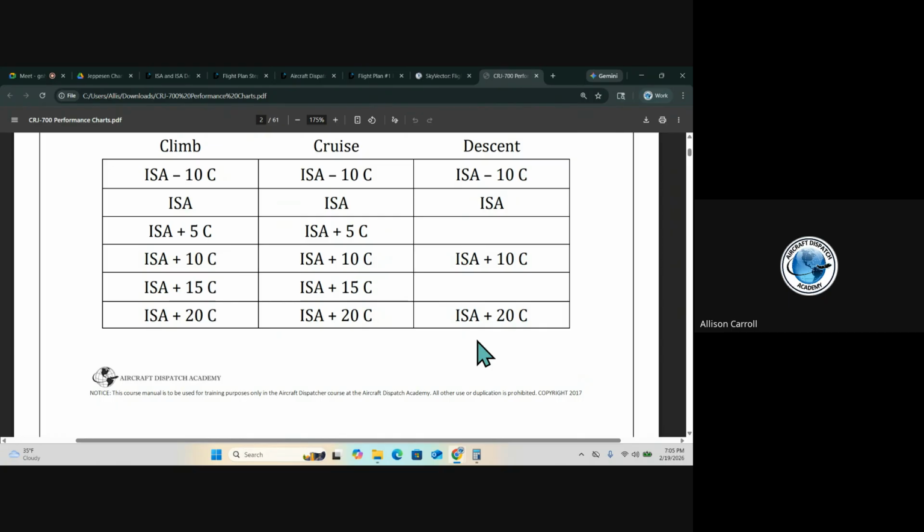Obviously, it's a summer flight, and the ISA deviation is like ISA plus 29 or ISA plus 30. And you're just going to use the ISA plus 20 chart because that's all we have available. I wish we had more ISA charts available to us, but we don't.